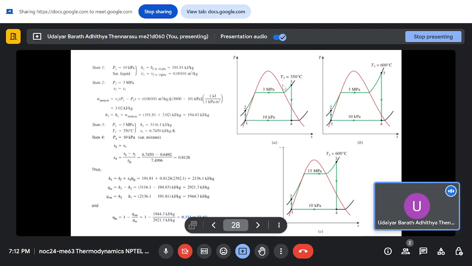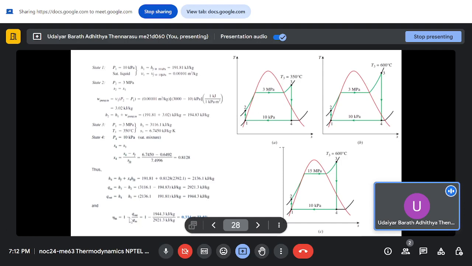So now I have found all the enthalpy values at all 4 state points. Now I can find the heat added, which is nothing but H3 minus H2, which comes out to be 2921.3 kilojoule per kg. Then Q out is H4 minus H1, which is 1944.3 kilojoule per kg. So your efficiency is 1 minus Q out by Q in.